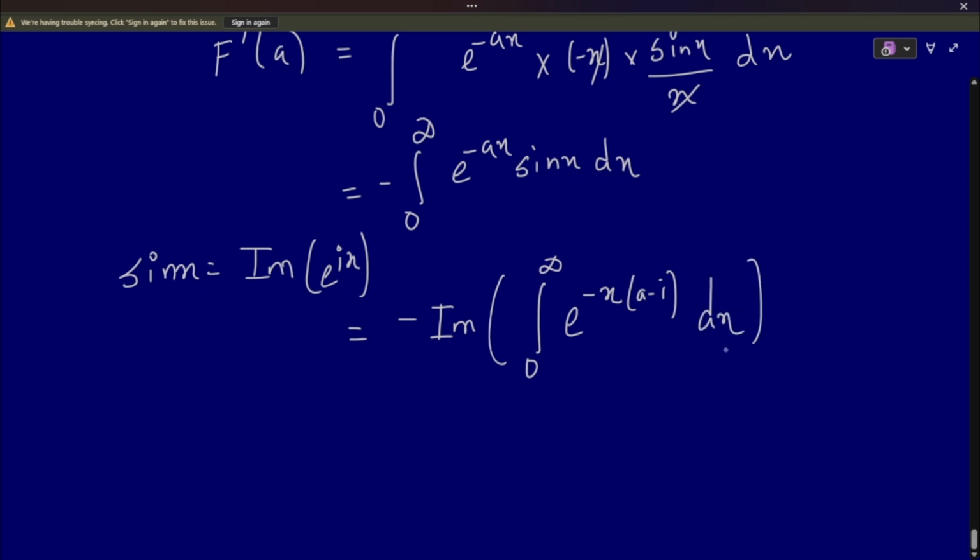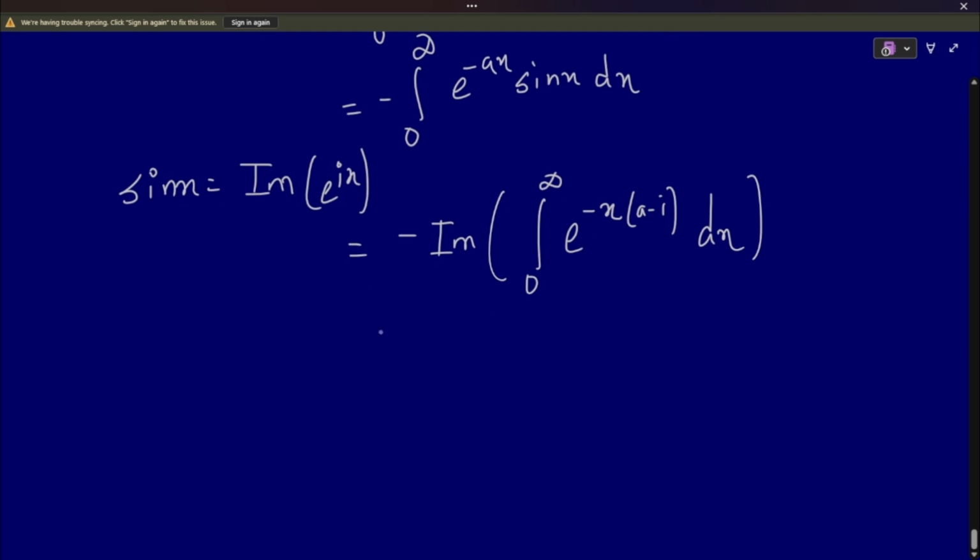So minus the imaginary part of, and now what we get is this. Since the integral from 0 to infinity of e to the power minus mx for any positive constant m gives you 1 upon m, you can just do the indefinite integral and find out. This gives you 1 upon (a minus i).